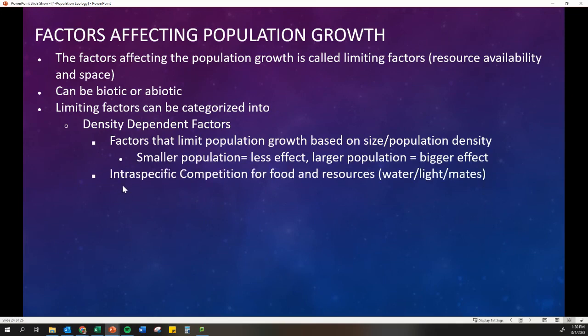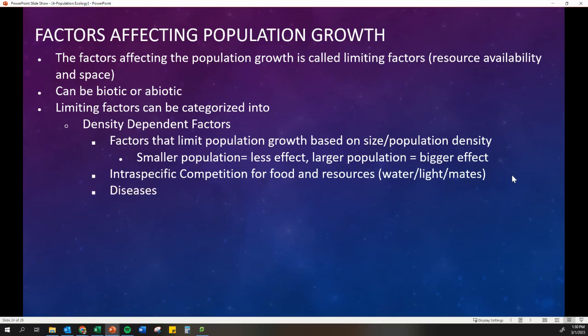This is going to be like examples of intraspecific competition for food. If we have more individuals, we're going to have more competition for water, light, mates, whatever we're dealing with. So this is competition within the species. That would be an example of a density dependent factor. Diseases can also influence this as well.